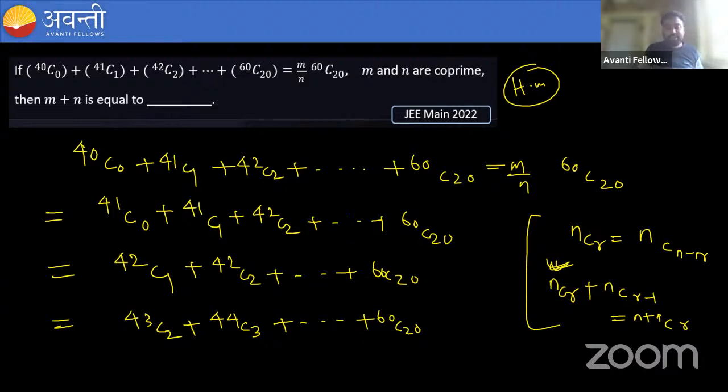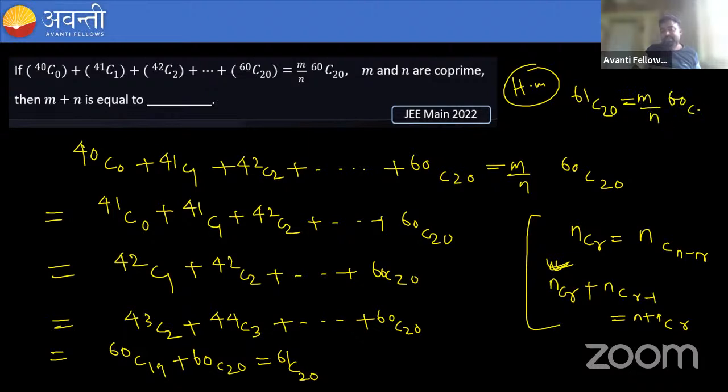If you go in this way, finally before the last term we are having 60C19 plus 60C20, which is equal to 61C20. Yes or no? So 61C20 we are getting, which is given as m by n times 60C20.